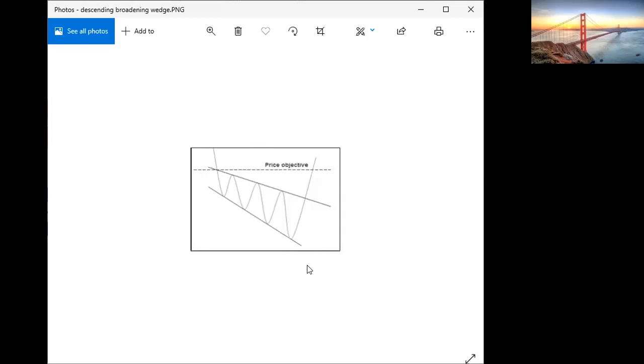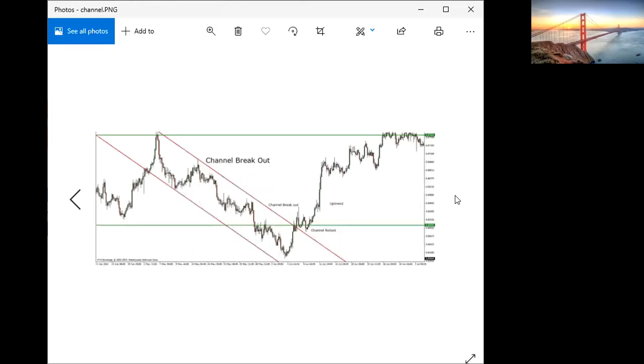So essentially you start off with your strategy, right? So how you break down a trade is you start off with your strategy, which is, for example, a certain pattern like this, descending broadening wedge, and some fundamental which will basically push the trade. So let me show you where we started off.